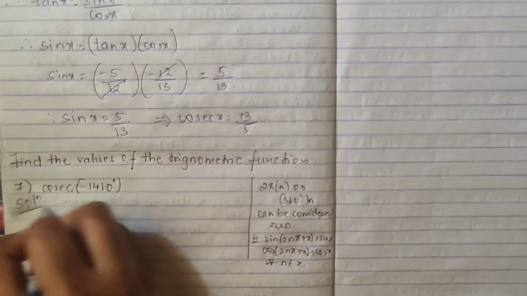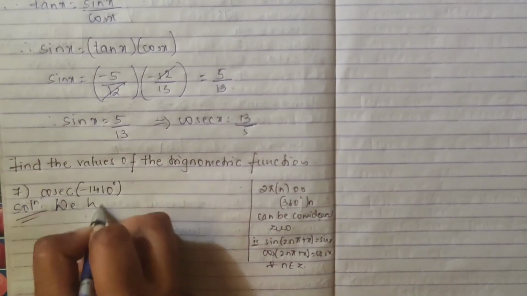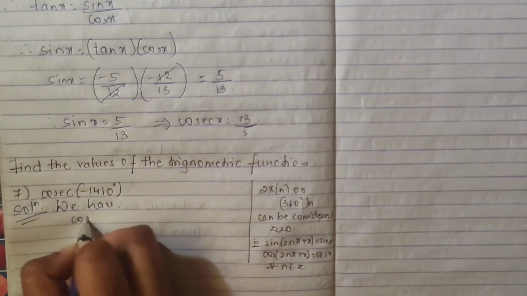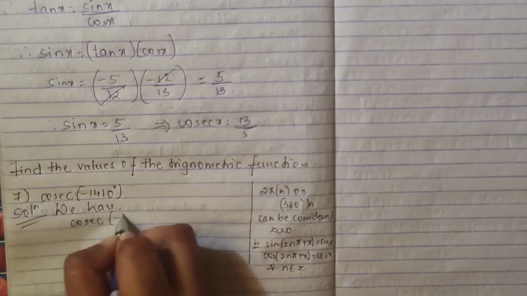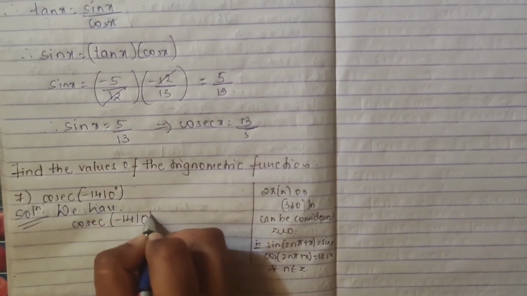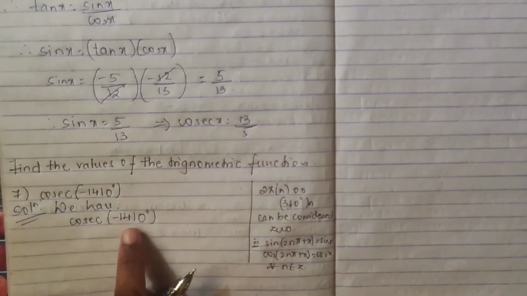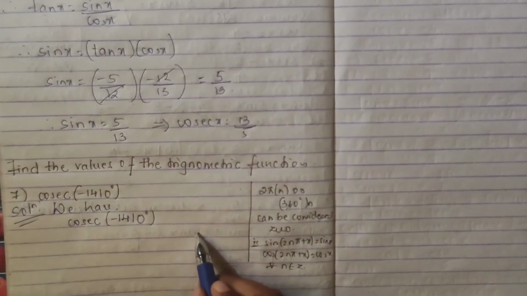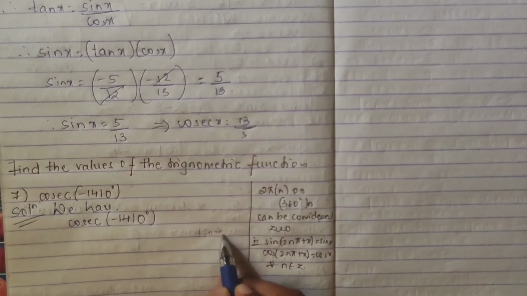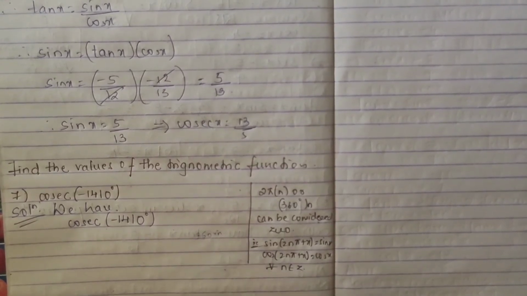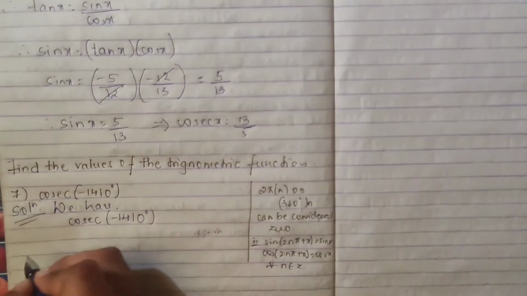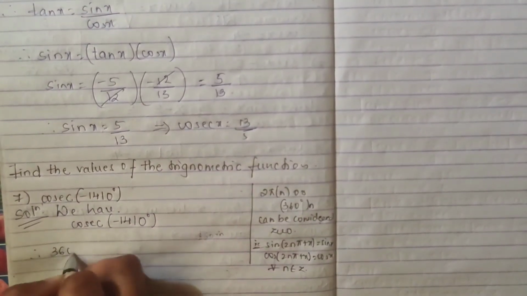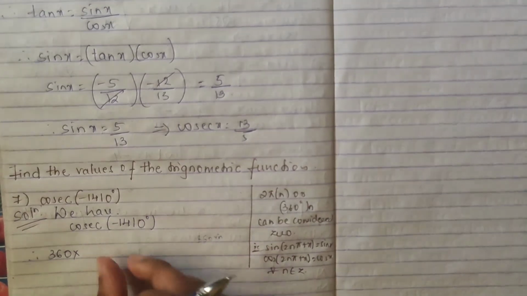So solution. We have cosec of minus 1410 degree. So you have to check for what multiple it will be. Suppose 360 into n, like 360 into 2, you should do and see how much you'll get.